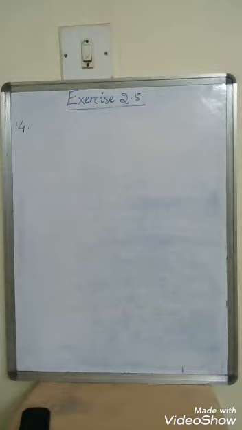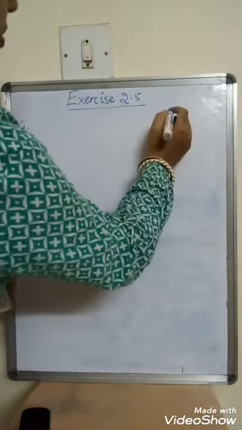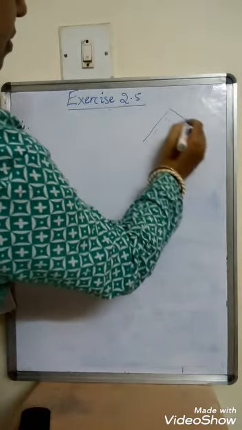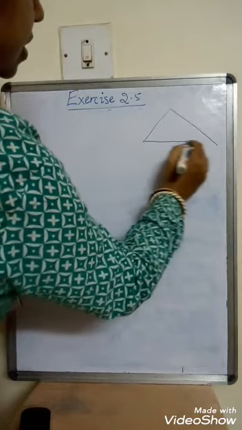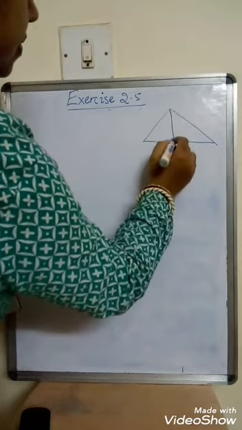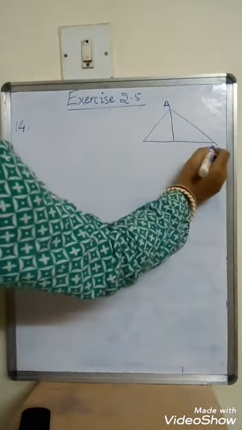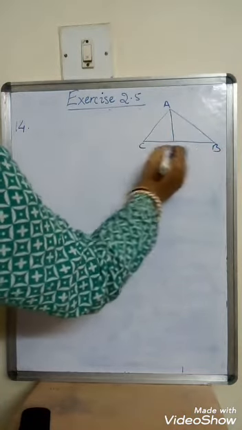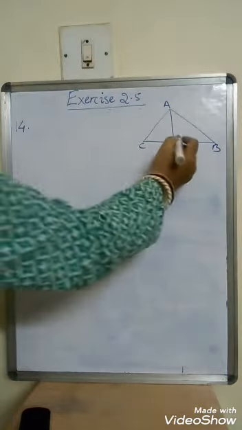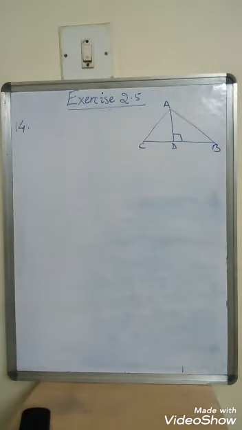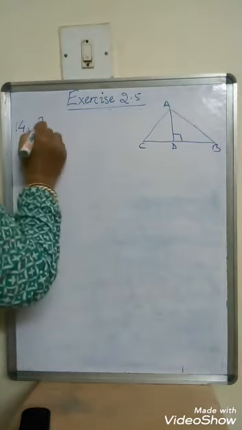Now what is the figure that is given to us? This is the figure which is given to us, right? Now here you see what else is given. Now in triangle ABC, this is given to us, right?